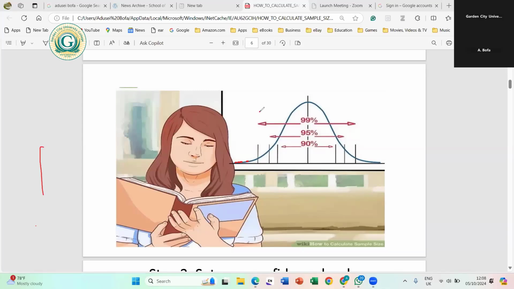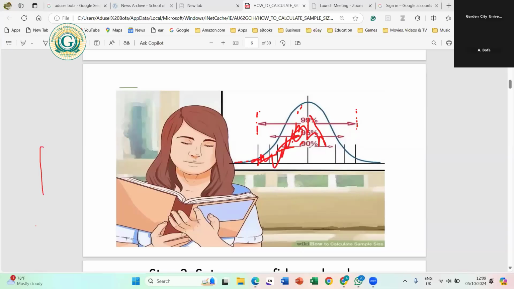And I'm using 99%. I am using a 99% confidence level. You will see that I'm able to cover almost all the individuals under the curve. You see that it covers almost all the individuals in here.